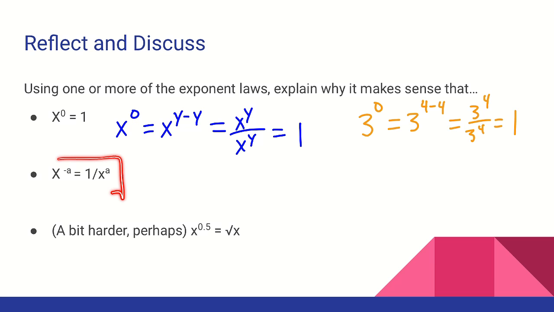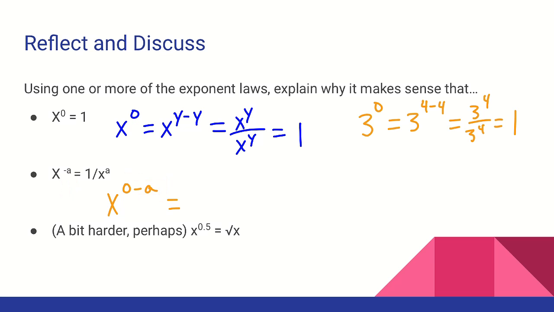All right. This one builds off of what we see right there. Okay? And here's why. No matter what our a value is, if it's x to the negative a, any number to a negative exponent, we can think of that as x to the 0 minus a. Instead of just saying negative a, we can call that 0 minus a.